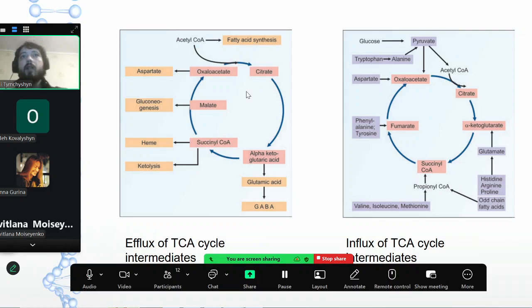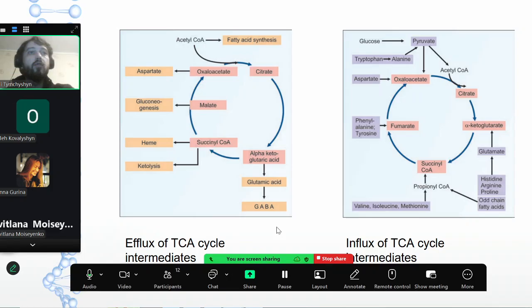Here is an example. What I told you is that the Krebs cycle is not isolated, so all the intermediates are used in different pathways. It's on the crossroads of many pathways. And here is an example of the efflux of the intermediates. For example, alpha-ketoglutaric acid can be used to synthesize glutamic acid, and then GABA.